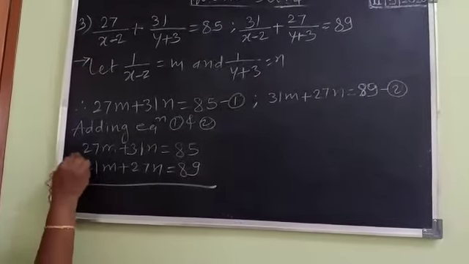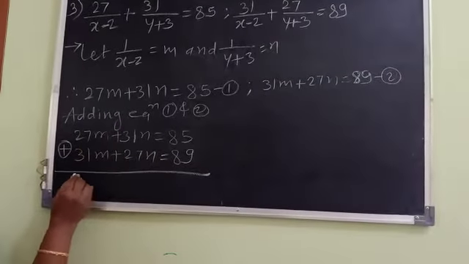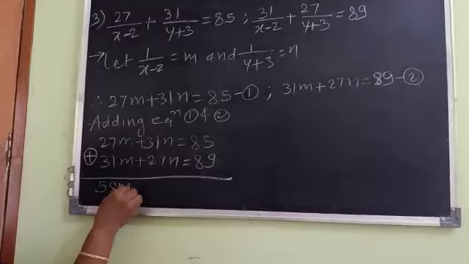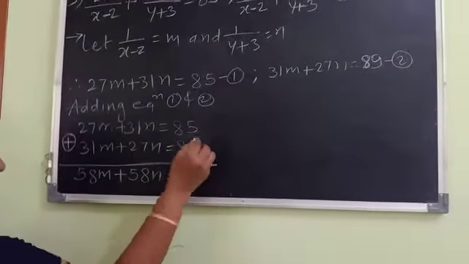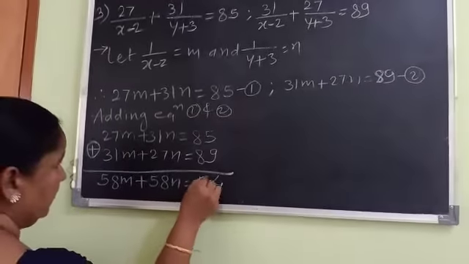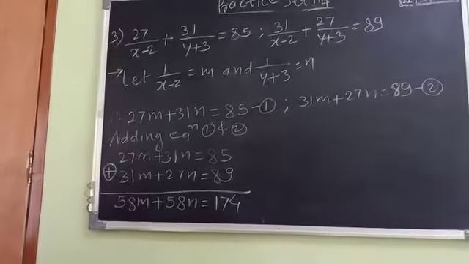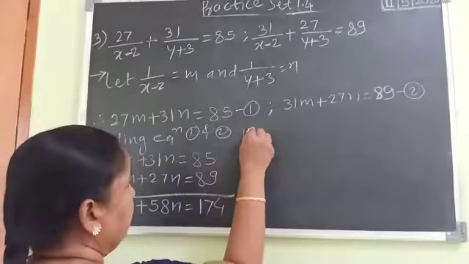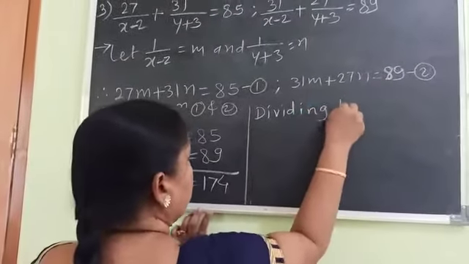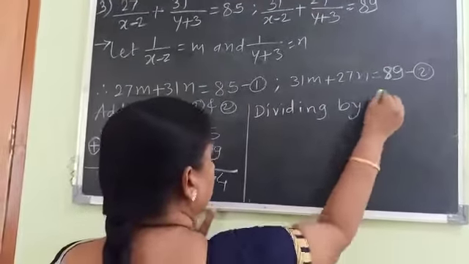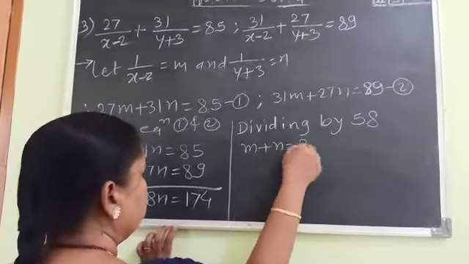By adding, we get 27 plus 31, it is 58m plus 58n is equal to 174. Here, taking 58 common or dividing by 58, we get m plus n is equal to 3.